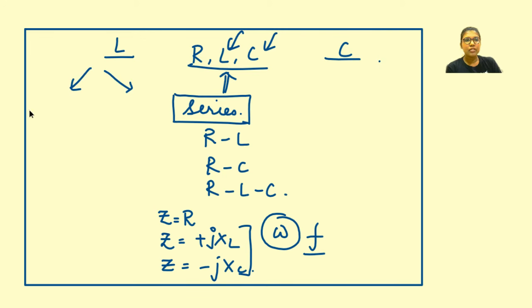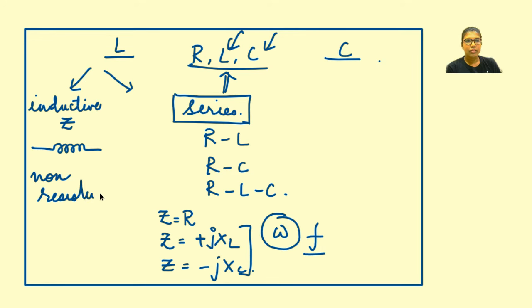The first one is inductive impedance. If it is written as inductive impedance in the question, then it is a normal coil, that is an inductor. Or if it is written as a non-resistive inductor, then it is again represented by a single coil.